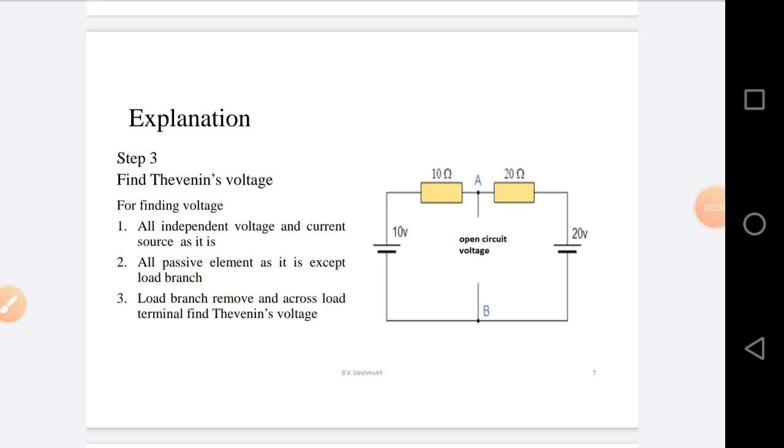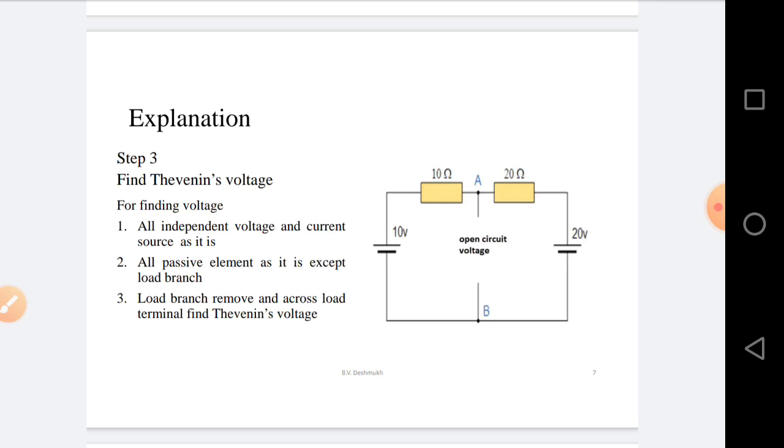Step 3, find Thevenin's voltage. For finding Thevenin's voltage, all independent voltage and current sources stay as they are in the given network, and all passive elements stay as they are, except the load branch, which is removed. Across the load terminal we find Thevenin's voltage, also called the open circuit voltage.